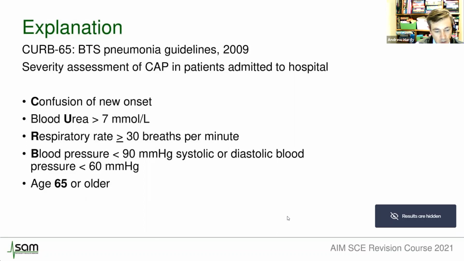Potentially they'll ask about follow-up, so usually we just do a chest x-ray at 6 weeks. And you don't normally need any additional imaging at the initial presentation; usually the chest x-ray is sufficient. As I say, the BTS guideline is quite old now, but it's a fairly common condition, so I think most people are fairly good on that. And most of you got the answer right, so that's good.